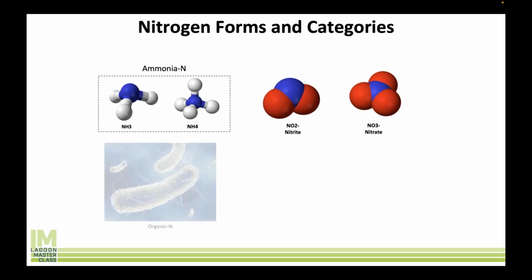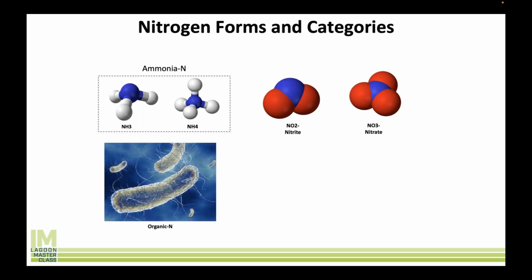And finally, organic nitrogen, which tends to be a relatively small percentage of what comes into a plant. In fact, most of the nitrogen that comes into a municipal wastewater treatment plant tends to be in the ammonia form, so when we're getting rid of total nitrogen, that's typically where we start. By the time it gets out the back end of your plant, the question is: is it in a different form, or is it not there at all?